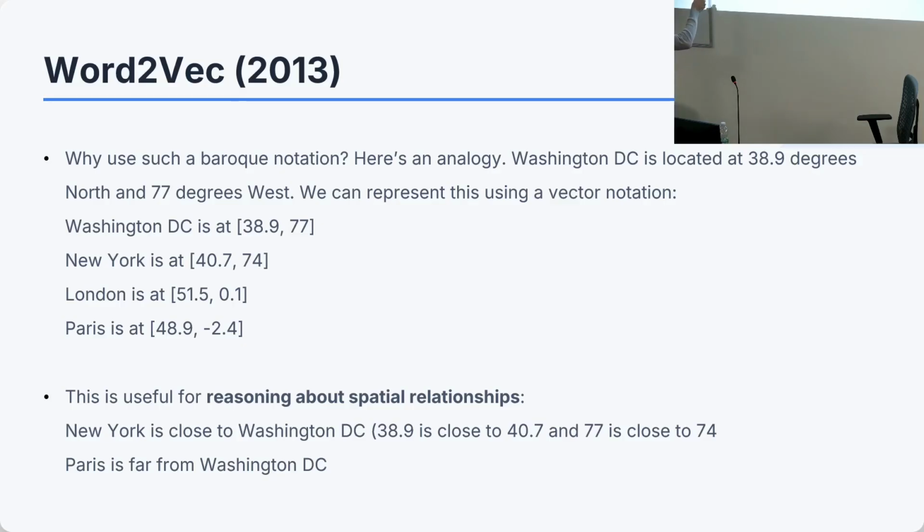Given the latitude and the longitude, you can do spatial reasoning. You can say that Washington DC is near New York, and for instance, it is instead far away from London. By looking at terms, you cannot say this. You can say this if you look at the coordinates. That's basically the analogy.